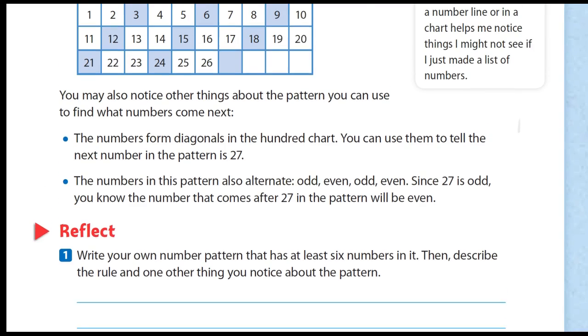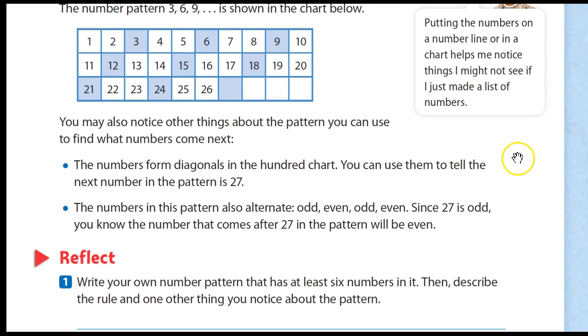So if you look at the pattern, look at the numbers diagonally right there. Here, this was 27. Here, and here's another one. Diagonally.